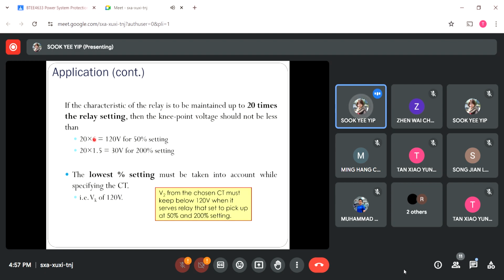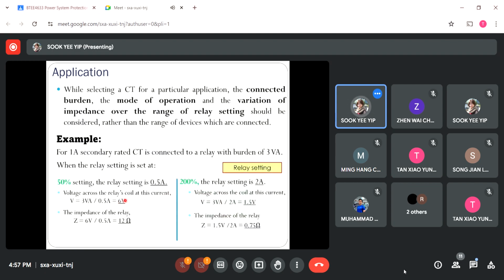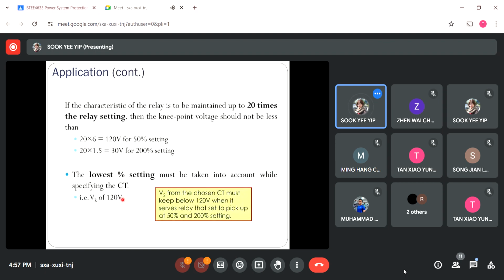In the event I want 20 times the relay setting, if I have 50% setting, remember, the voltage drop across is 6 watt. So 20 times bigger, I have 6 watt multiplied by 20. I'm expecting the voltage drop at the secondary side to be 120 watts if I have the setting at 50%. So what happens if I have 200%?